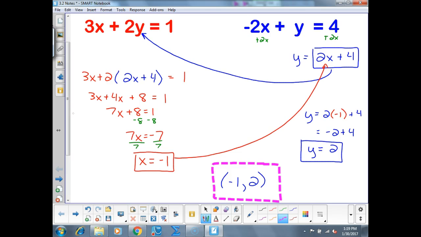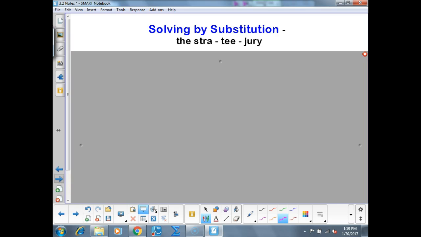Let's put those steps into a little bit more writing. So the strategy that we use for solving by substitution is, first off, what do we do first? I pick one of the equations and I solve for one of the variables.